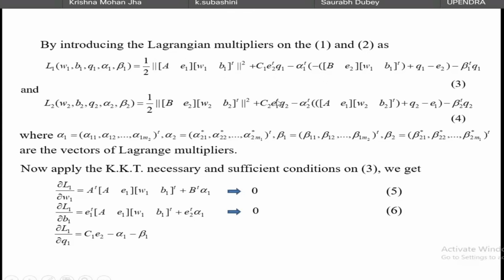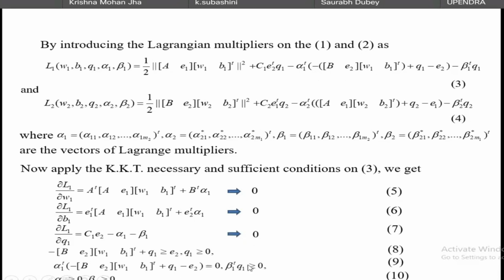C1 is a scalar quantity, so no need to write transpose here, and minus, obviously because we are just doing with respect to this Q1, this particular term will be 0. But when you multiply this minus alpha 1 transpose with Q1, you get minus alpha 1 transpose Q1. So in this particular thing you will get alpha 1, and here you will get beta 1. Okay, so all these are the KKT conditions. When you go through, you can write all the KKT conditions.